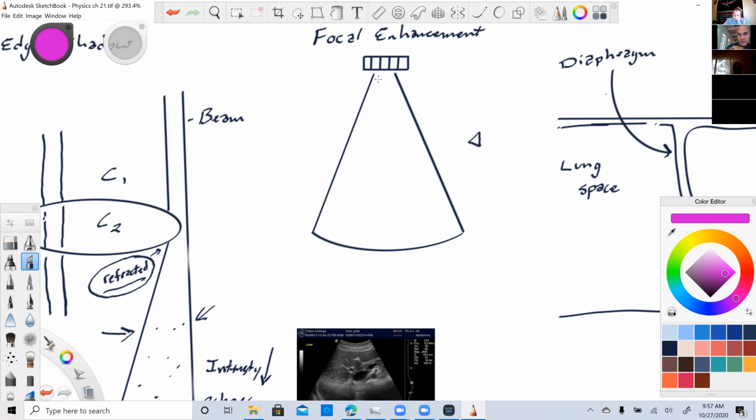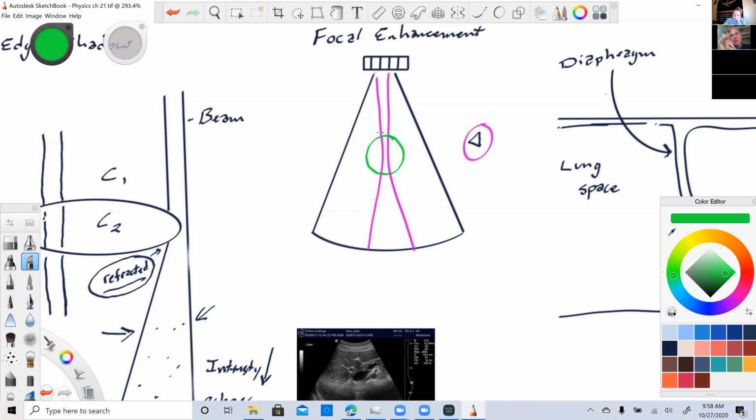So if I'm going to draw, let's say, a single beam in here, remember, many ultrasound beams create one picture. Okay. I have my focus here. My focus is right there. Therefore, my intensity right in this area is going to be a little high.